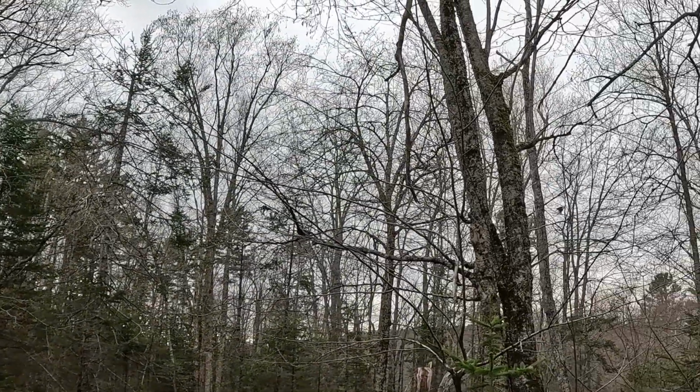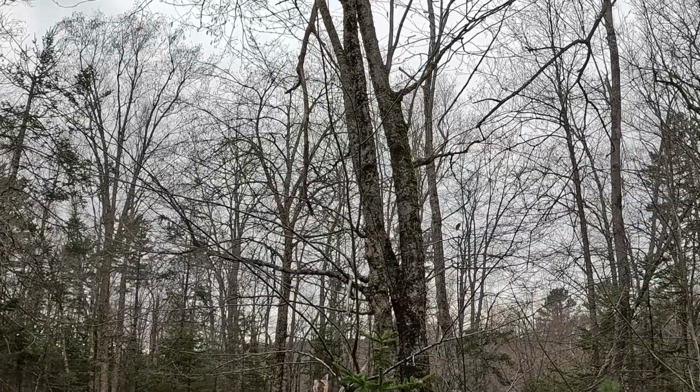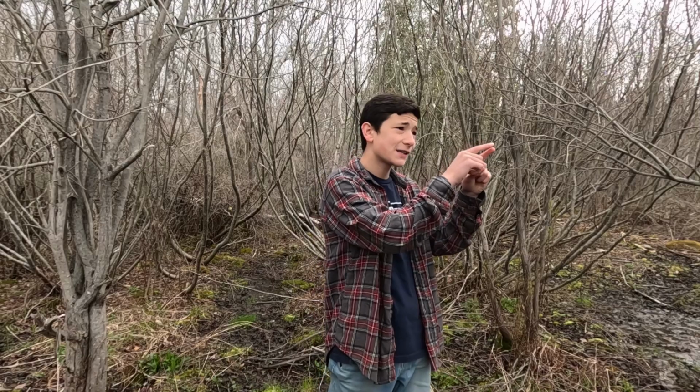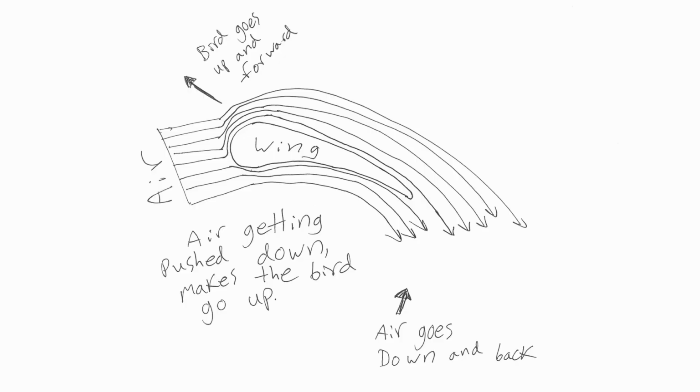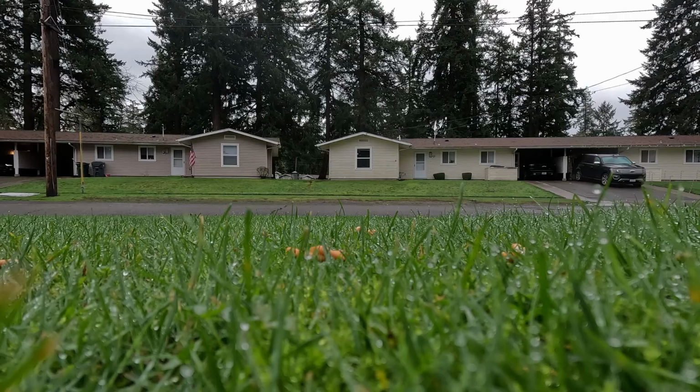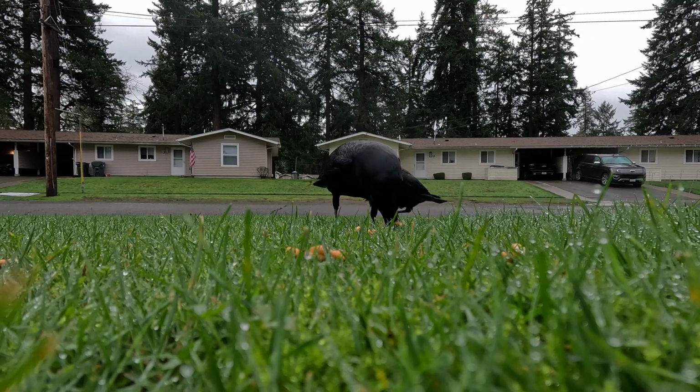Because Newton's third law of motion states that for every action, there's an equal and opposite reaction. So, when that air is going over the top of the wing and gets flung down because the wing is angled up, that air going down pushes the bird up as well. So it's not just one force, it's a whole bunch of things that work together to keep the bird up in the air. Now the second force is thrust.